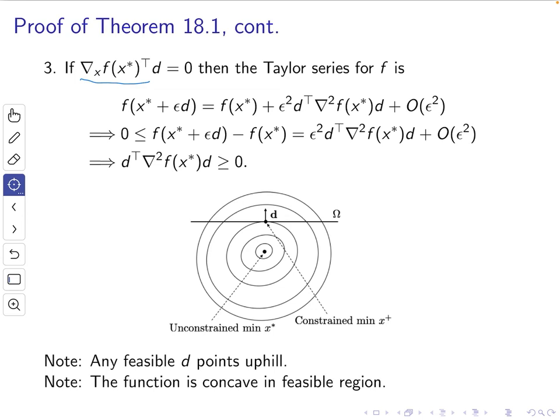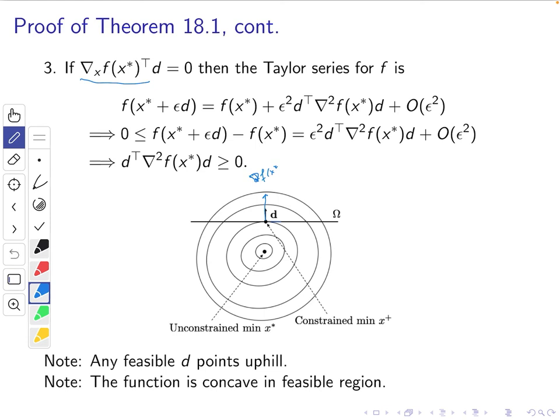And the idea is that omega might look something like this, and then our feasible directions are going to be, in this particular case, this is the gradient here, del f at x star.